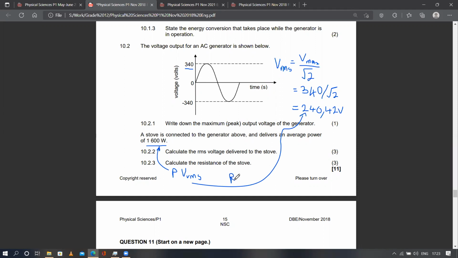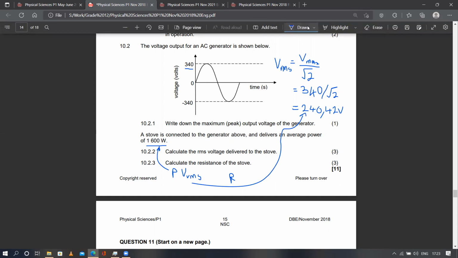First thing you must do, go to your formula sheet and find a formula that relates the power, resistance, and the root mean square voltage.